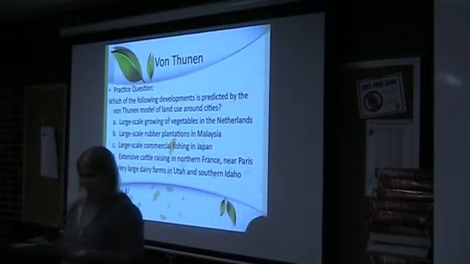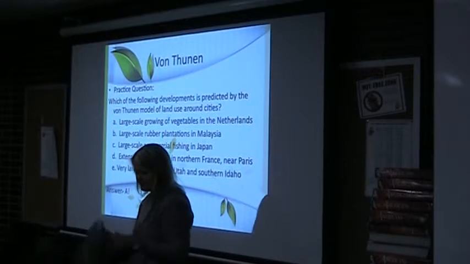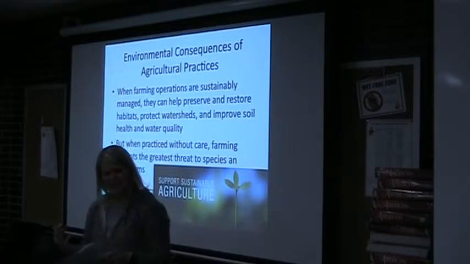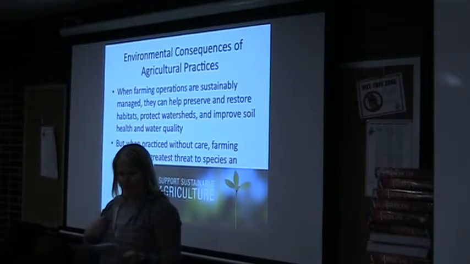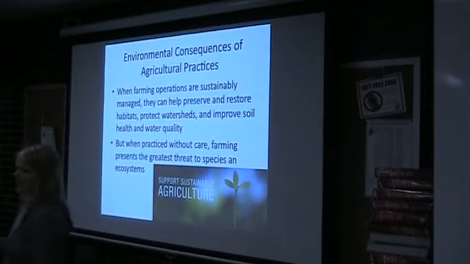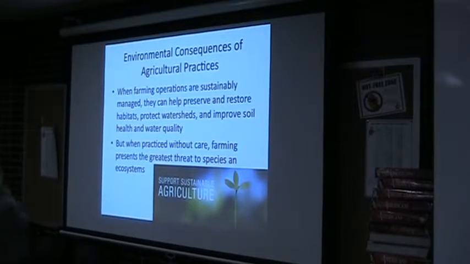Okay, so we're going to move on from von Thunen to our next section. And this stuff keeps coming up, and they've put it in different sections, in section C as well as in section D, all of the environmental consequences. So evaluate the environmental consequences of agricultural practices.